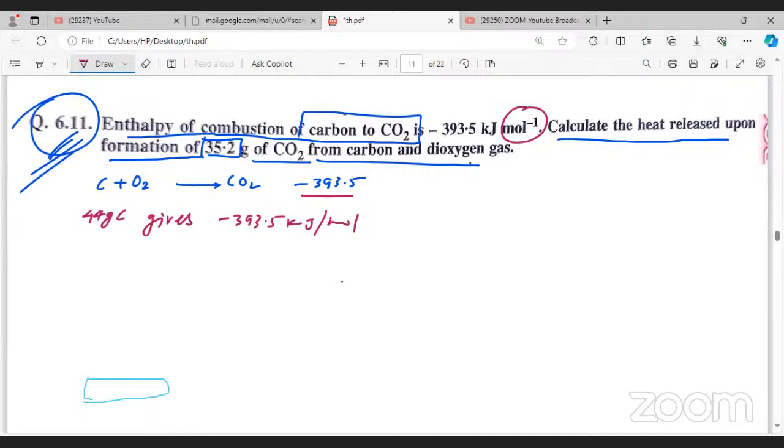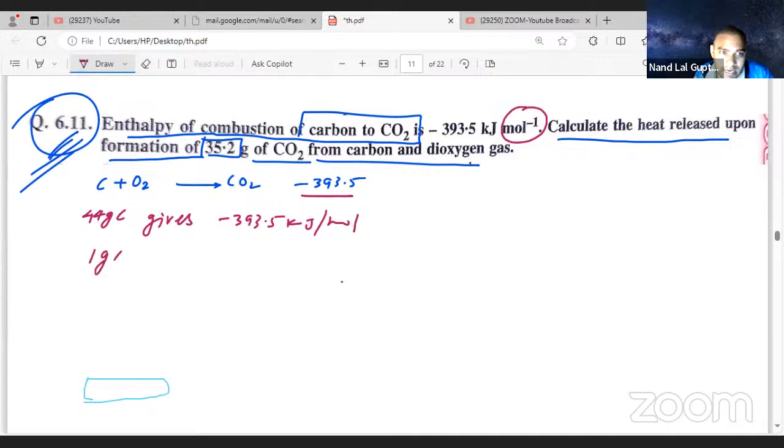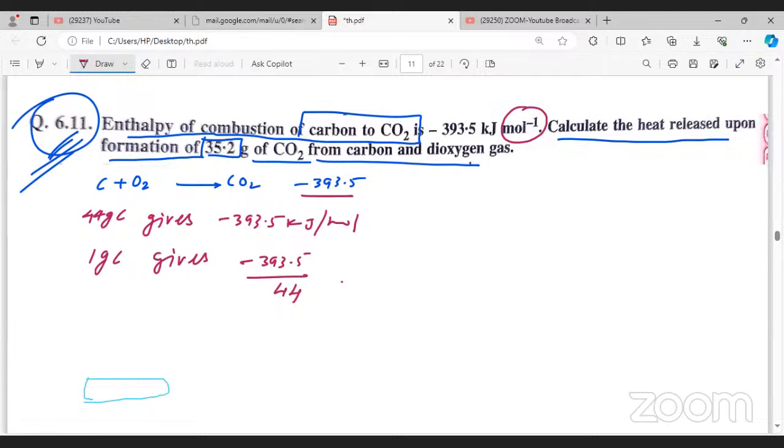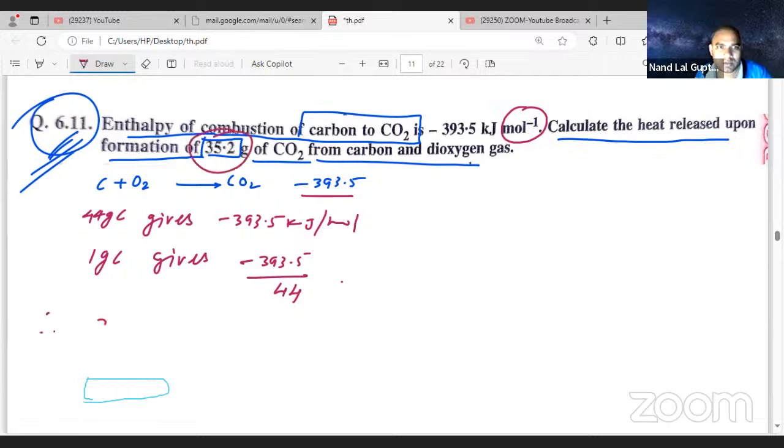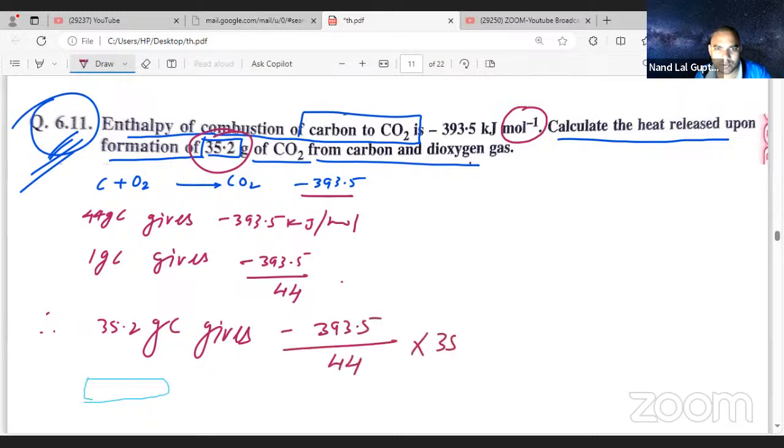So 1 gram gives how much? 393.5 divided by 44. Then they are asking 35.2 gram. Therefore, 35.2 gram gives how much heat released? That is 393.5 divided by 44 multiplied by 35.2. You multiply this, how much is coming?